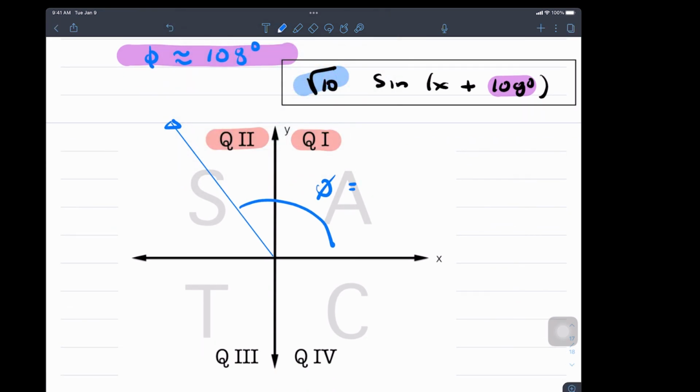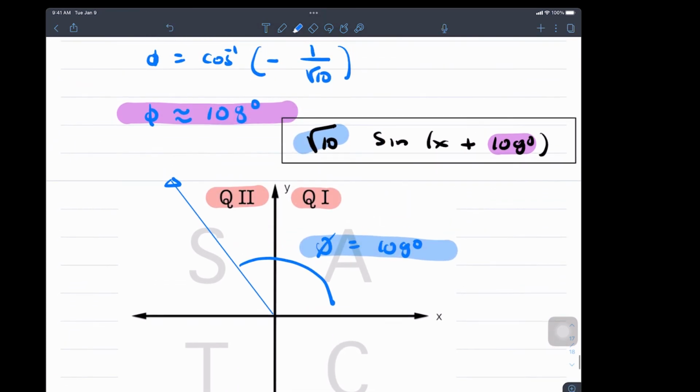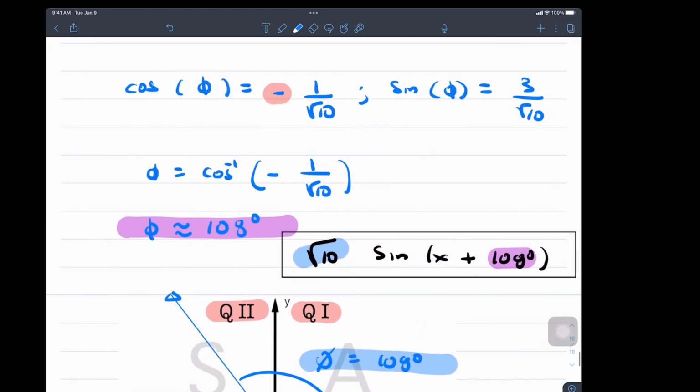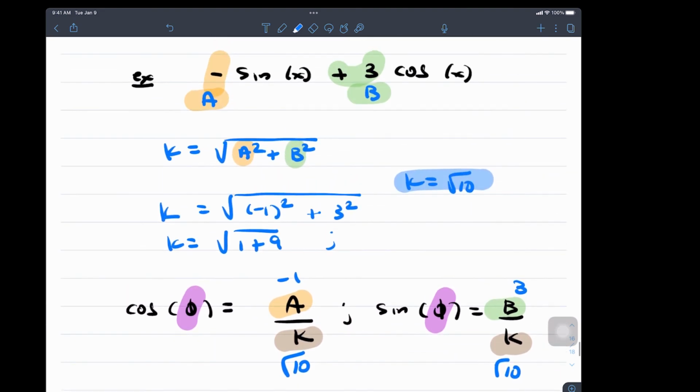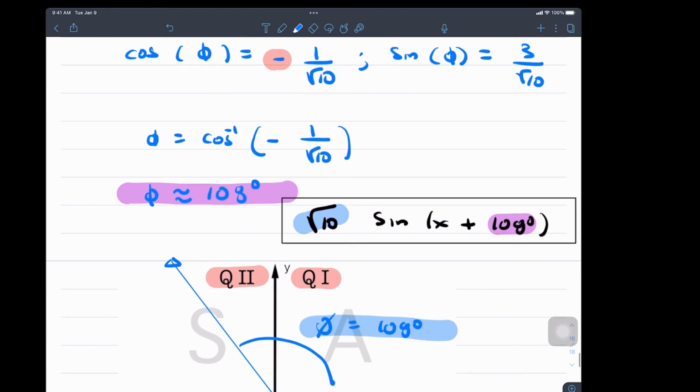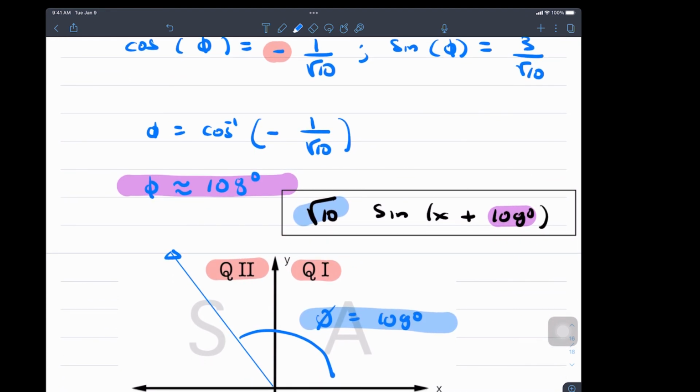It's going to equal 108 degrees. Easy breezy lemon squeezy.